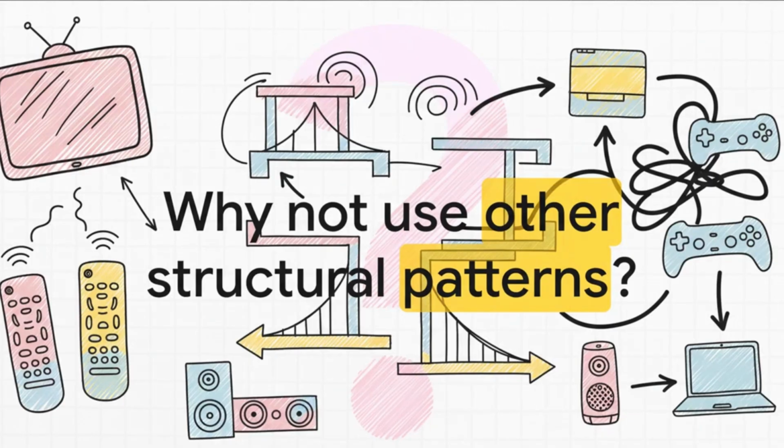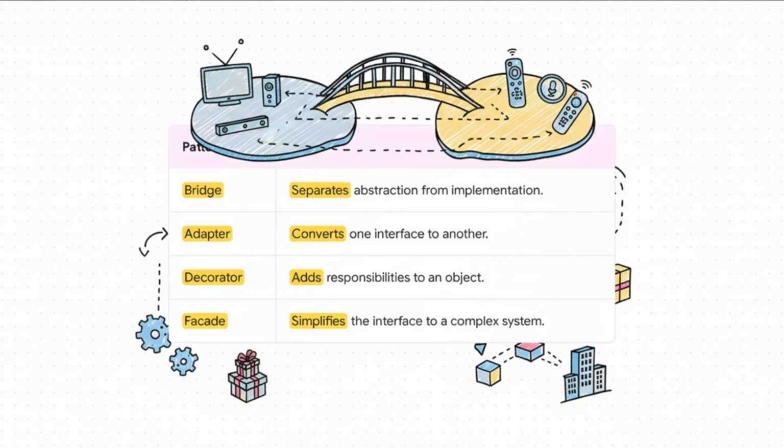Now, a fair question you might be thinking is, hang on, aren't there other patterns that do this kind of thing? It's easy to get these mixed up, so let's quickly clarify why the bridge is unique and not just another name for something like an adapter or a decorator. They each solve a very different problem. This table lays it out really nicely.